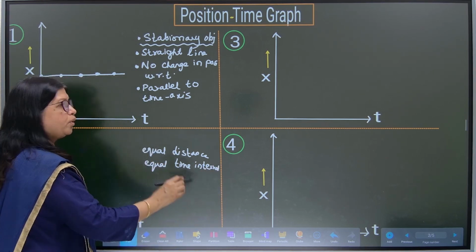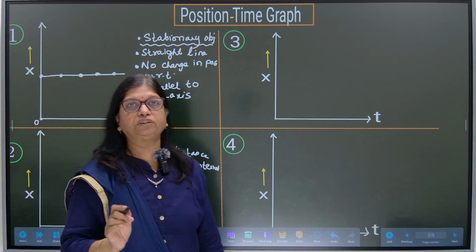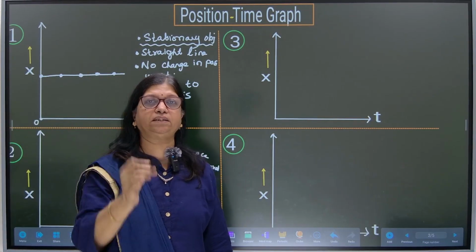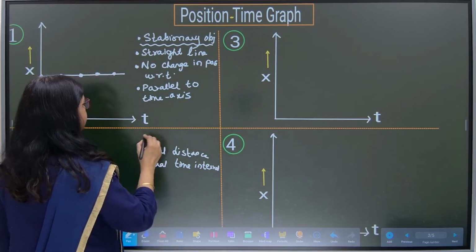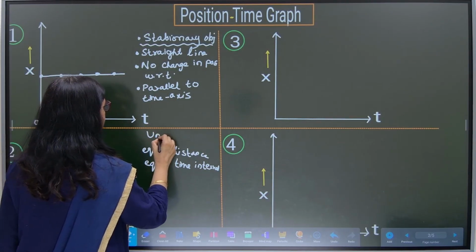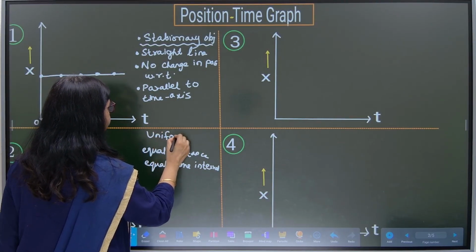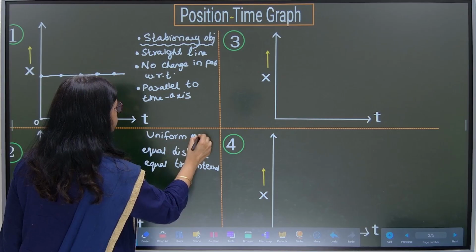Then such a body or an object which travels equal distance in equal time interval is said to have a uniform motion.